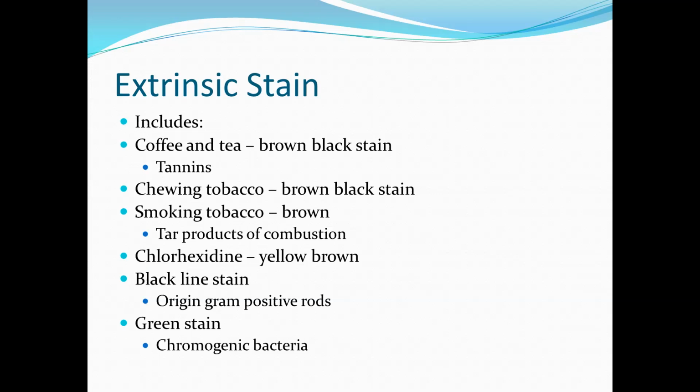Black line stain, do you remember who is more prone to black line stain from your dental hygiene course? It's usually women who have fairly good oral hygiene. Okay, it's gram-positive rods. It needs to be scaled off. This stuff does not polish off, but it's calculus-like. And then green stain is chromogenic bacteria.